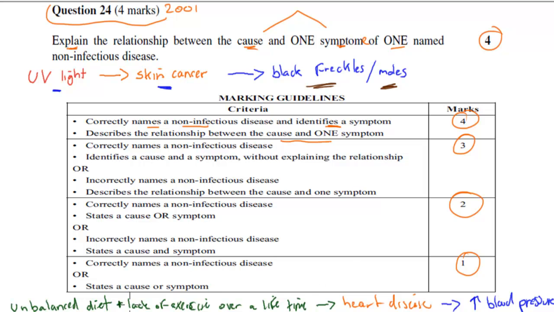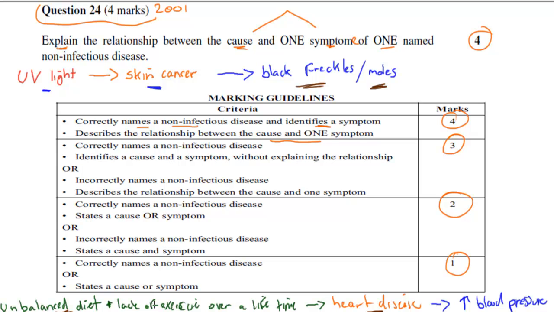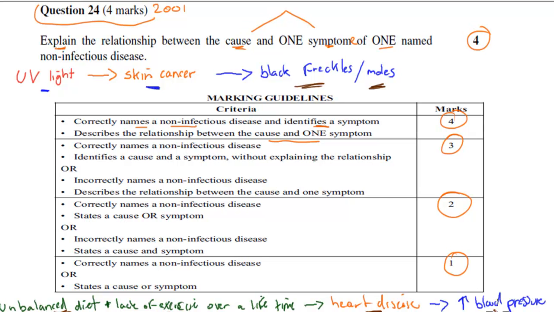Another one that I talk about in my answer is heart disease, so that's my named disease. I say that it's caused by an unbalanced diet or lack of exercise over a lifetime, so not just over a couple of days. Those two factors contribute to heart disease. One of the symptoms is increased blood pressure.